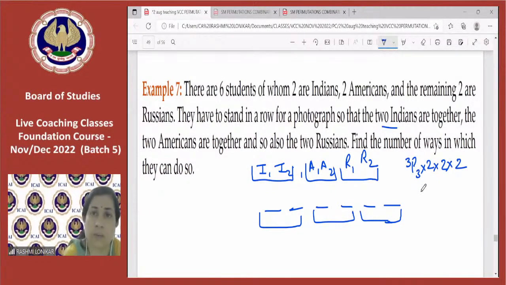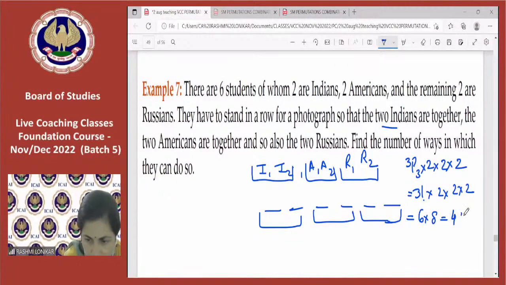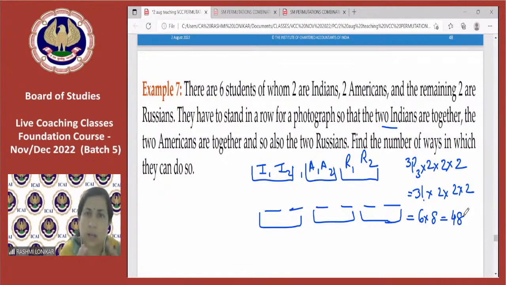How much is 3p3? 3 factorial upon 0 factorial. That is 3 factorial into 2 into 2 into 2. How much is 3 factorial? 6 into 2 into 2 into 2 is 8. So there are 48 ways in which you can arrange students for a photograph in such a way that the students of one country will always be together.